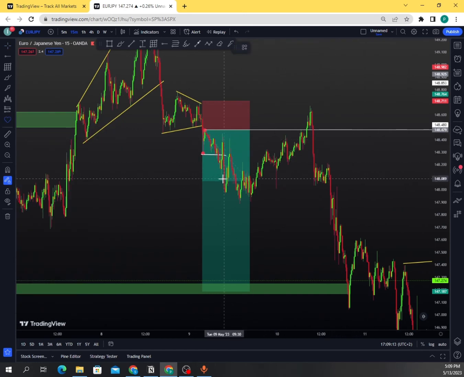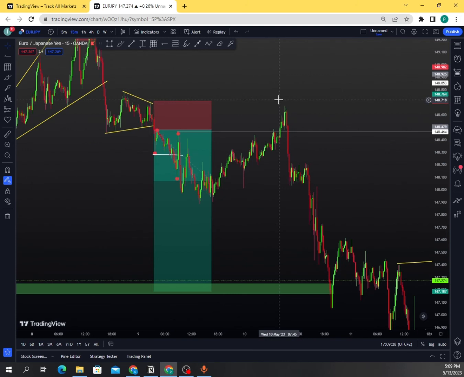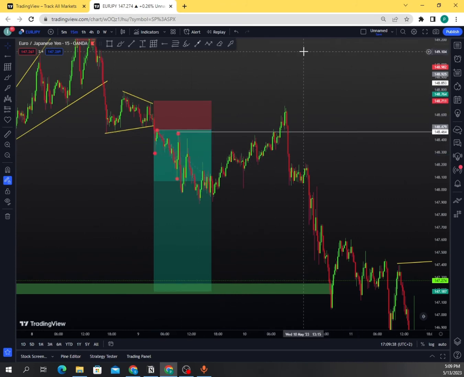In this case, price created a new lower low, confirmed by this lower high. So I now move my stop loss here. As you can see, I was risk-free already, so my risk is protected. In this case, I'm risking 0, but to gain what?